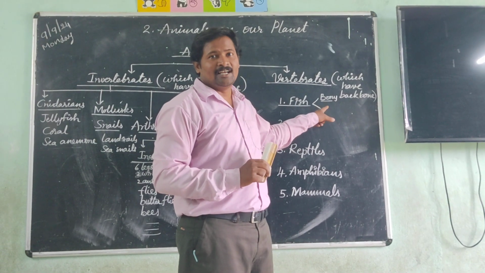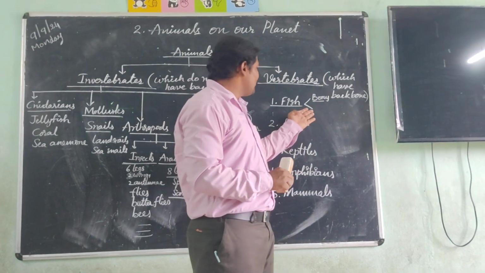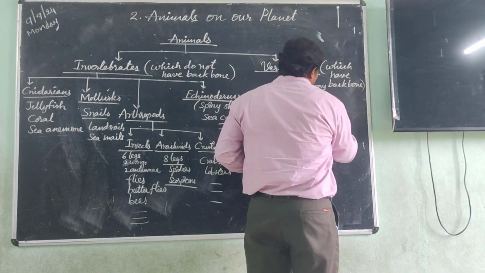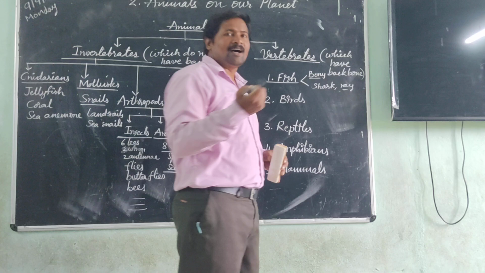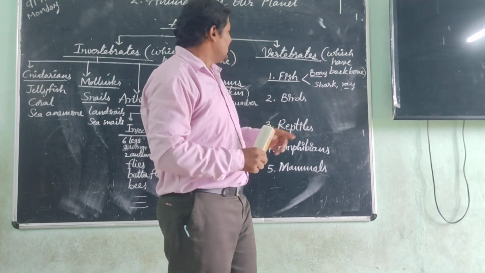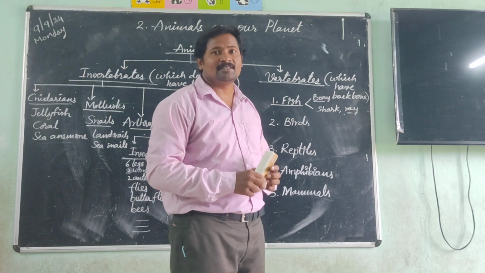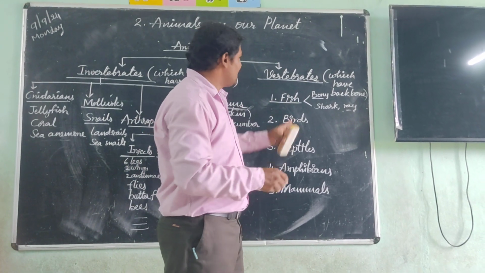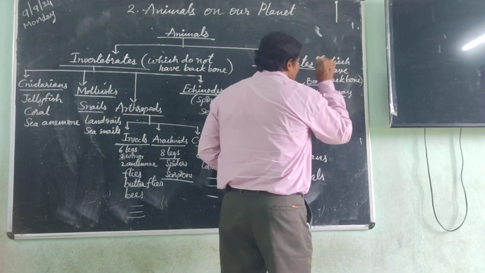Examples: shark and ray. They have soft cartilage as bone. The bony fish examples are given in your studio book. Collect the examples and fill in the bony fish examples here.